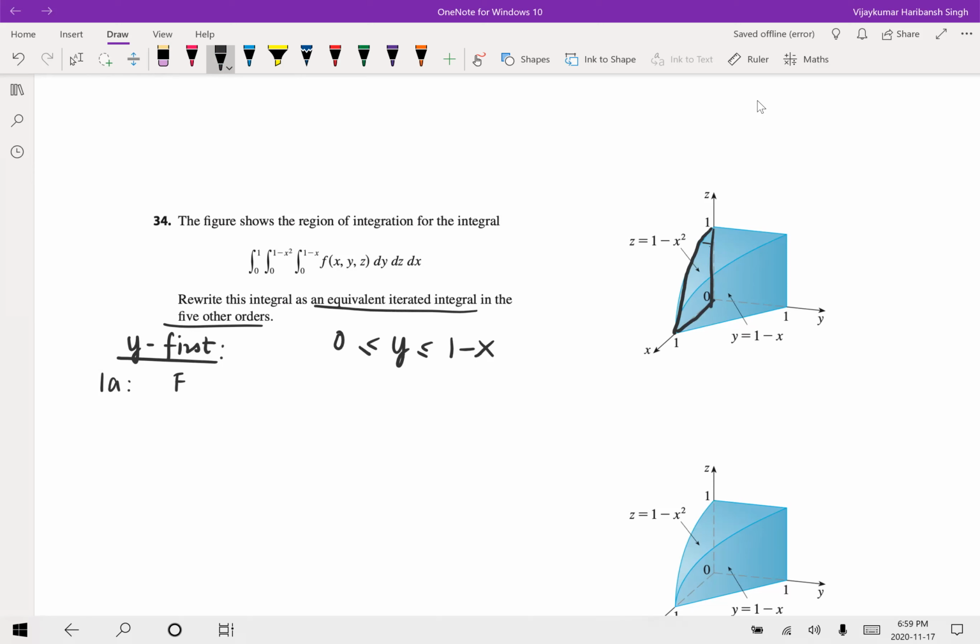Right, so this is the bottom curve, and the top curve is, sorry, I keep saying curve, it's surface, right? Or top function is this one here. And the bottom function is this one. So your y changes from this to this, so it's a y first region, yes.